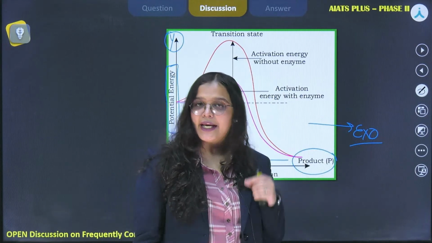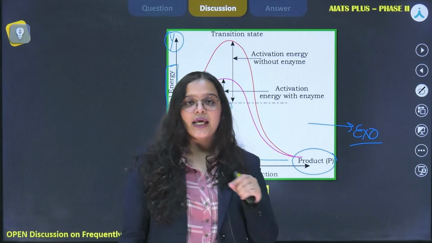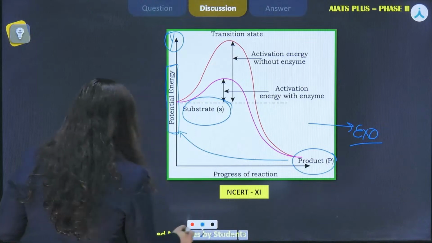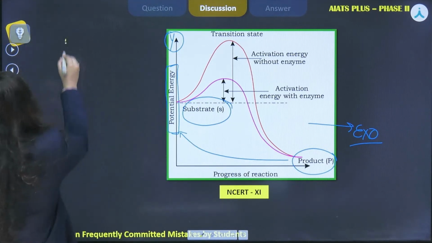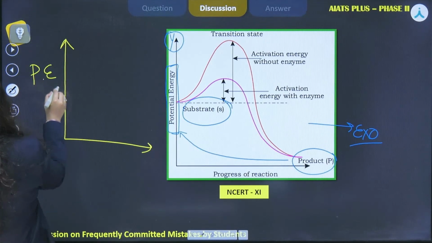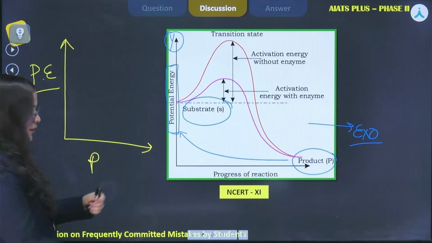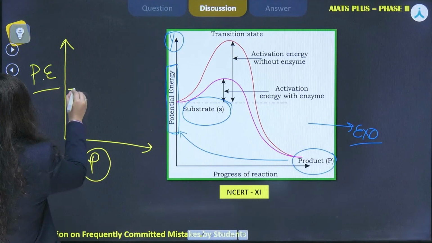Had it been the endothermic reaction, since we talked that in an endothermic reaction heat is supplied to the system, if we try to plot the endothermic reaction, we have our potential energy here and we have our progression of reaction as given in the other figure.